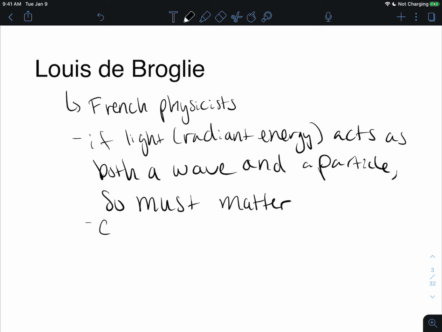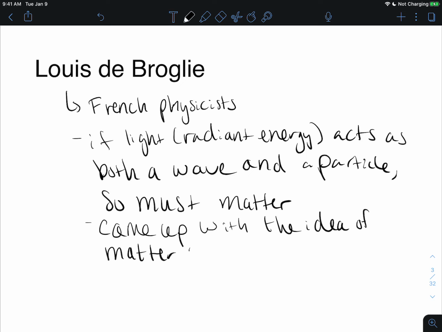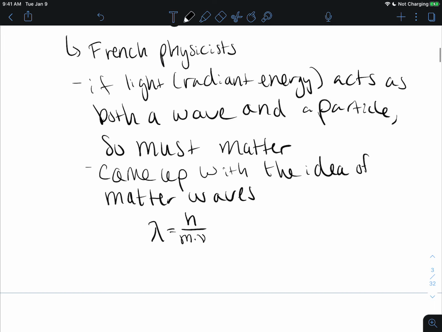He came up with the idea of matter waves, which will have a wavelength of Planck's constant divided by mass times velocity.